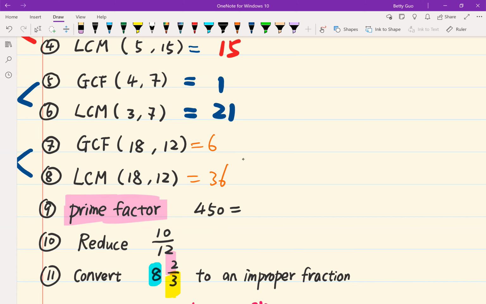We start from prime numbers, right? Use the big L technique, 450.